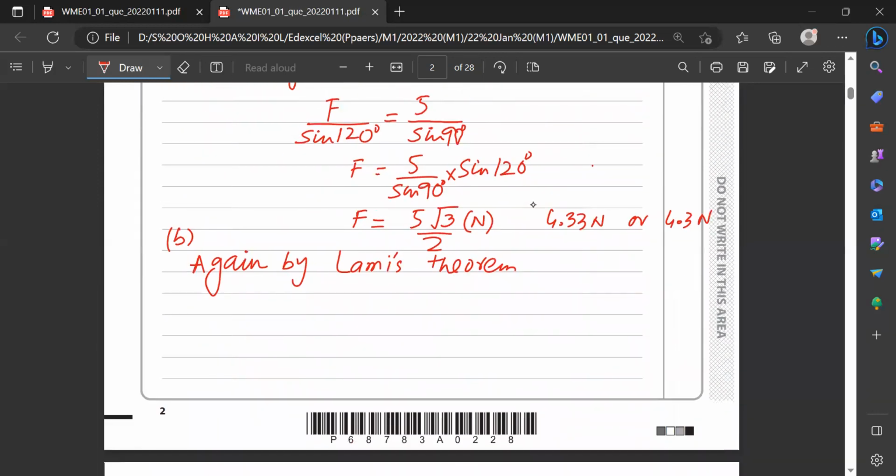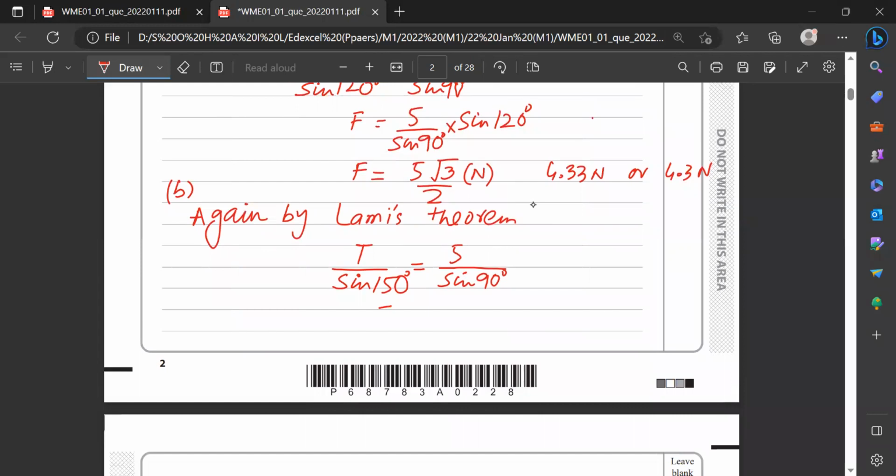So T over sine 150 equals the known force, 5, over sine of the angle between the other two forces, which is F and T. So T is equal to 5 over sine of 90, which we know is 1, multiplied by sine 150 degrees.